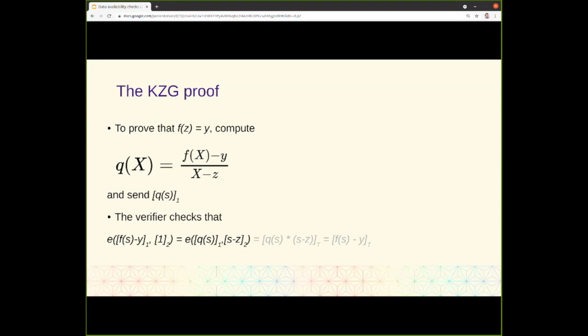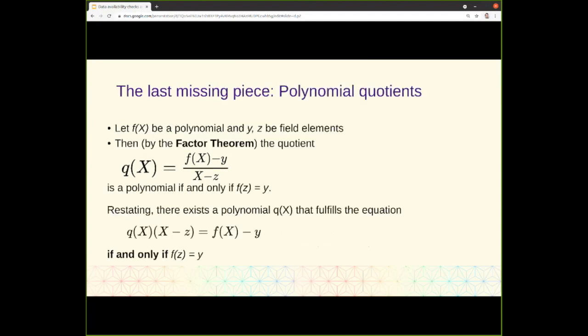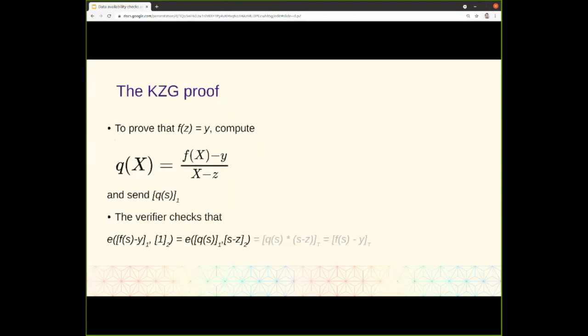And then using this pairing property, you can check this equation: f of s minus y equals q of s times s minus z. If you look back at this equation, this is just the same equation, restated as an equation between polynomial commitments, using the pairing to multiply them. And then you see that this checks out exactly if f of z equals y.